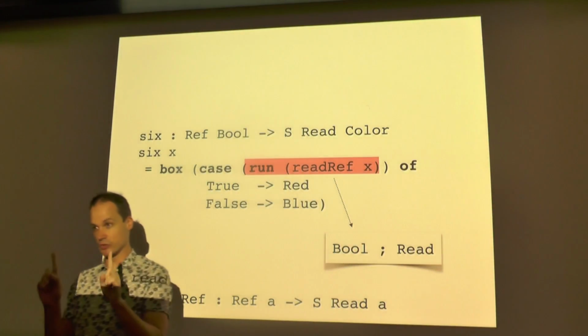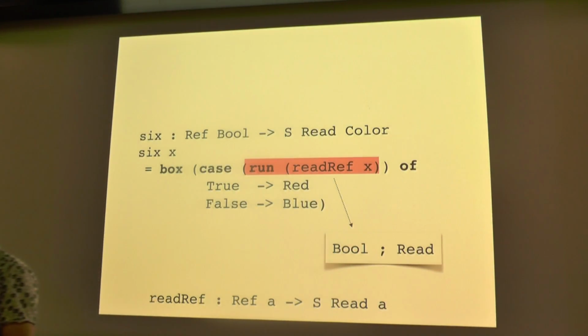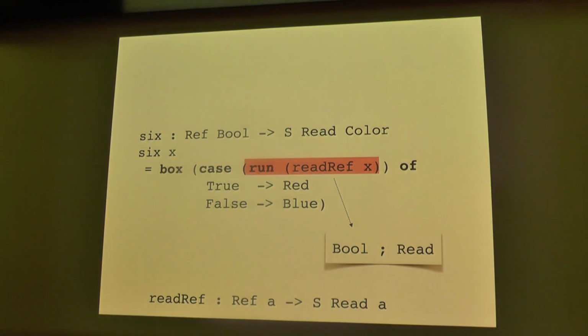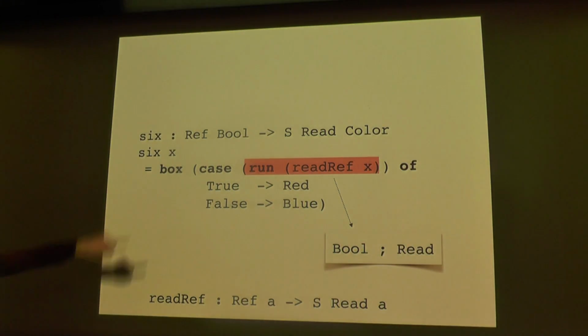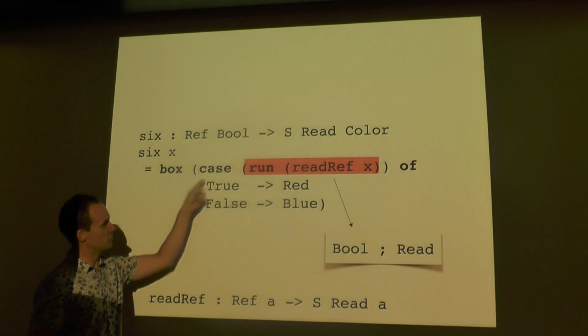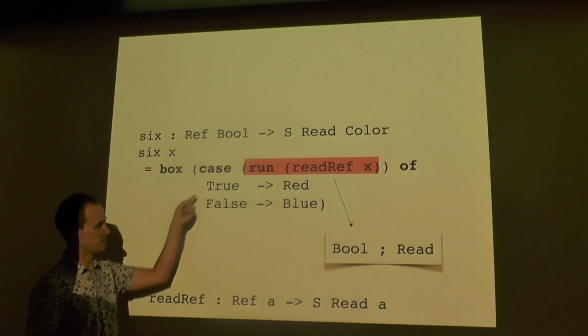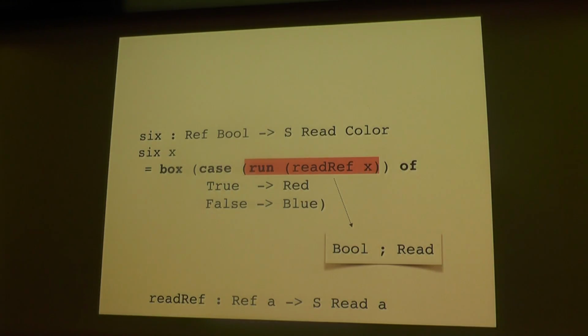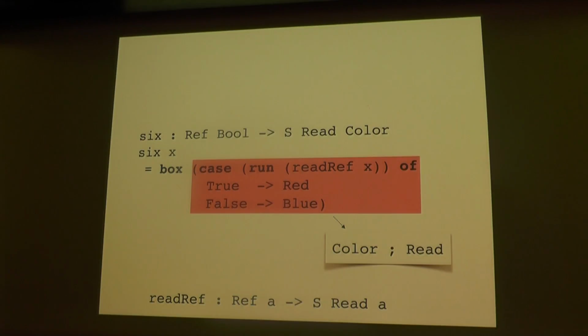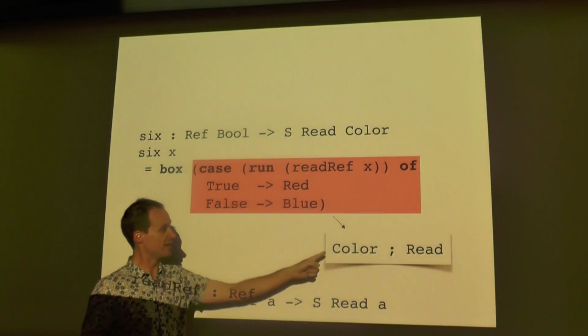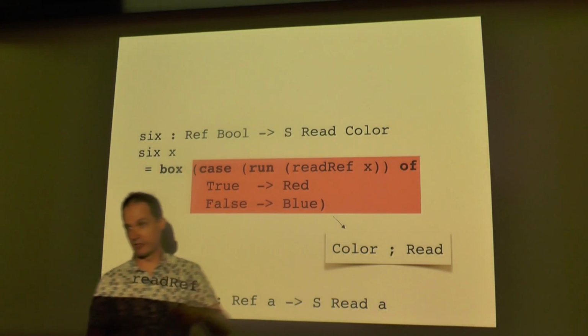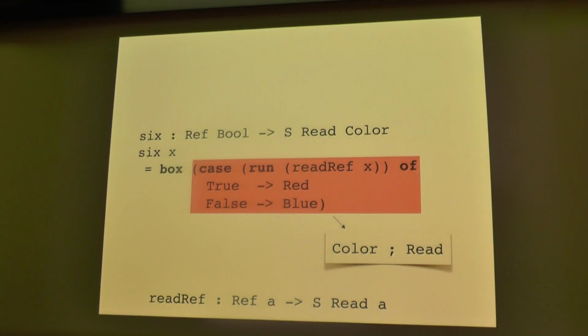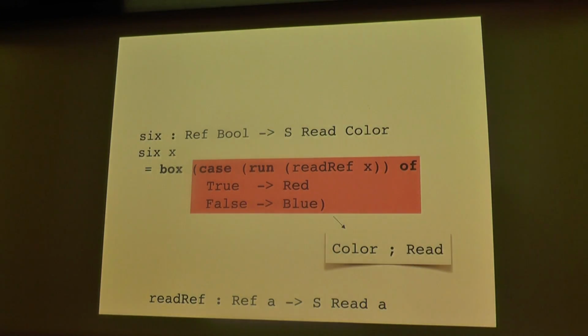Okay, so I'm tracking these two different things, the type as well as the effect of the sub-expression. And now, because this sub-expression has type Bool, I can do a case match on it. If it's true, go to red, false, go to blue, no problem. Which also means that this overall expression has type color, and it still performs a read effect, because this thing has to perform a read effect. So I have these two bits of information: it has type color, and effect read.